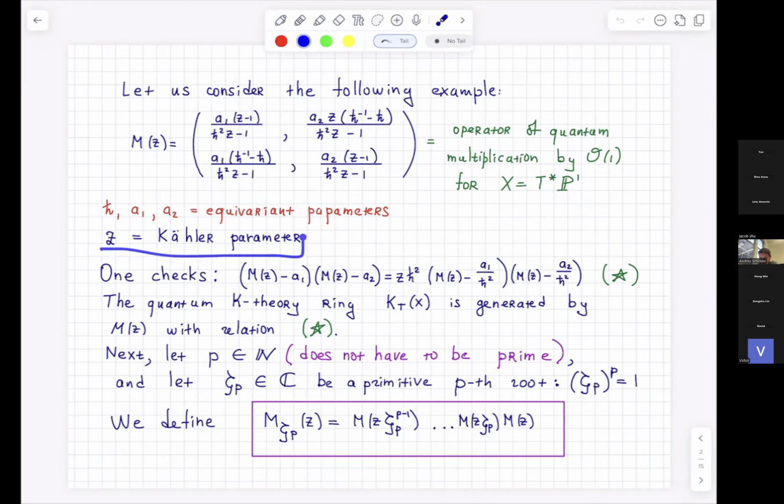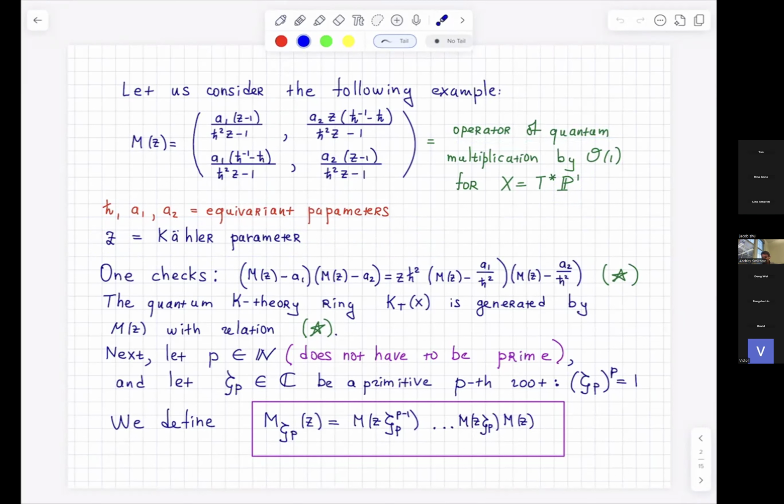And z here is a Kähler parameter, a parameter which counts degrees in quantum K theory. This parameter z is usually denoted by q in quantum cohomology, but for us q is something else, so here I denote it by z. So z is the same as the degree counting parameter.